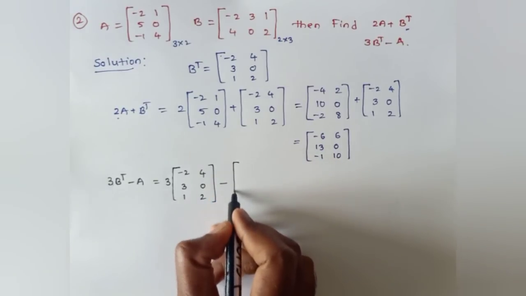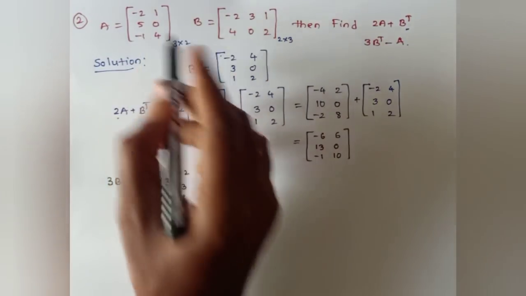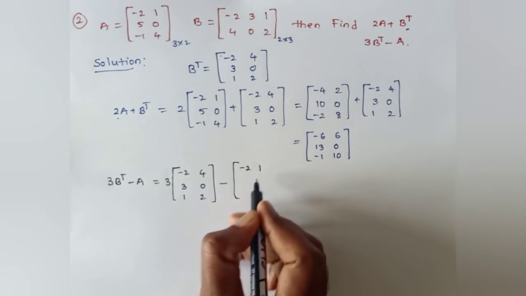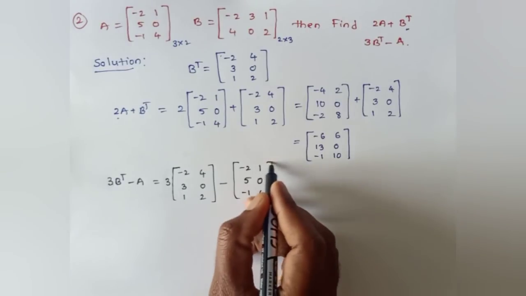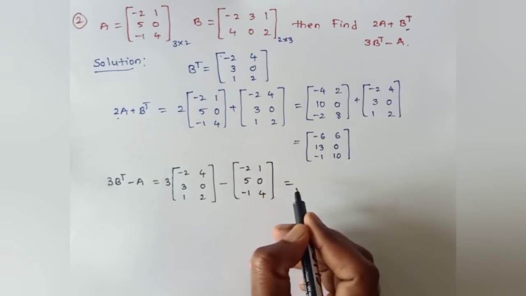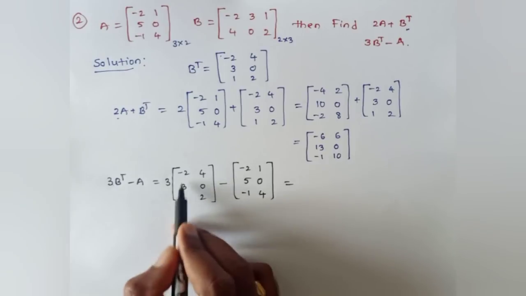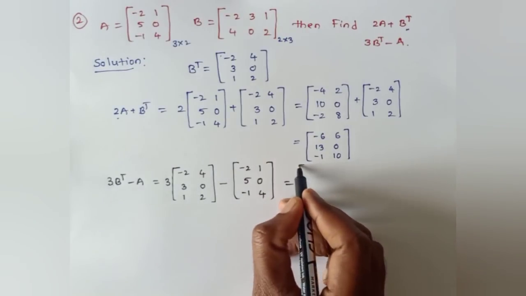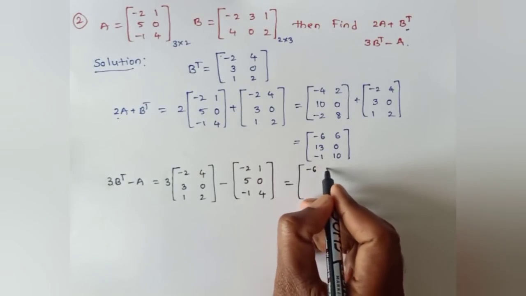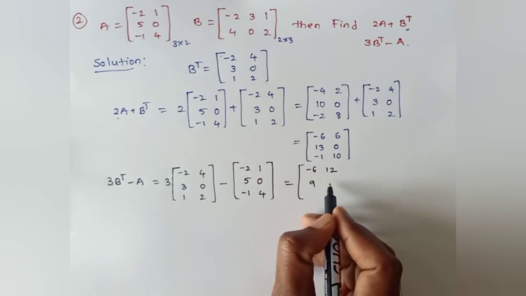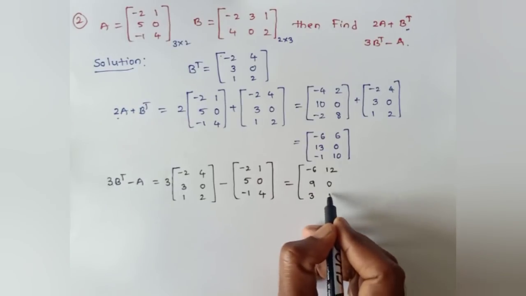Minus A. A is the given matrix: minus 2, 1, 5, 0, minus 1, 4. Then here, you need to multiply 3 with all the elements of B transpose. So that becomes 3 into minus 2 is minus 6, 12, 9, 0, 3 and 6.